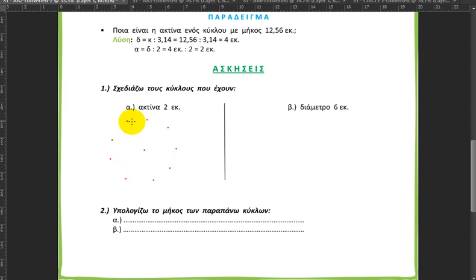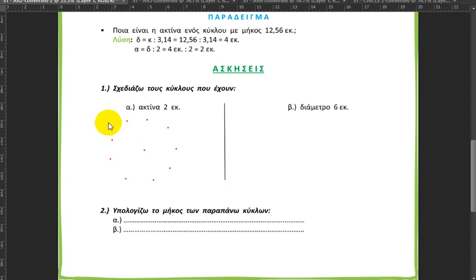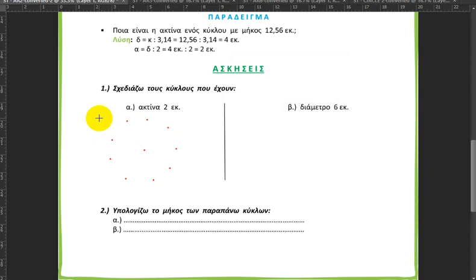Now, I cannot do that, unfortunately, with a mouse pad, so I will be using a special tool. And deleting all of this.